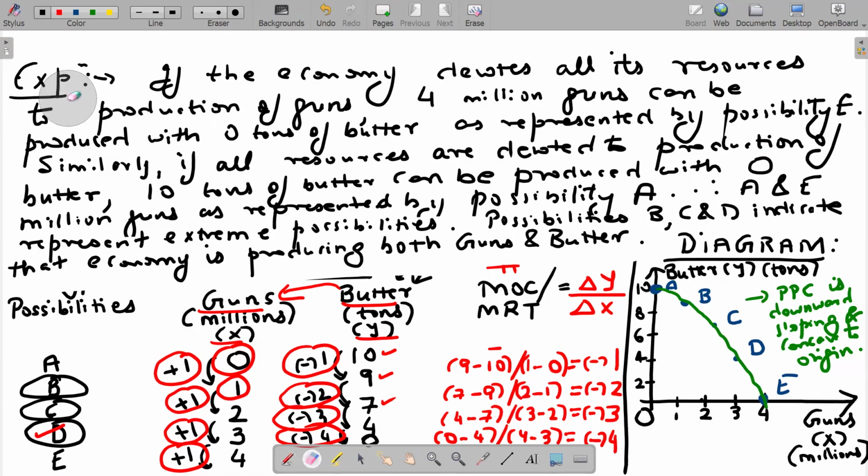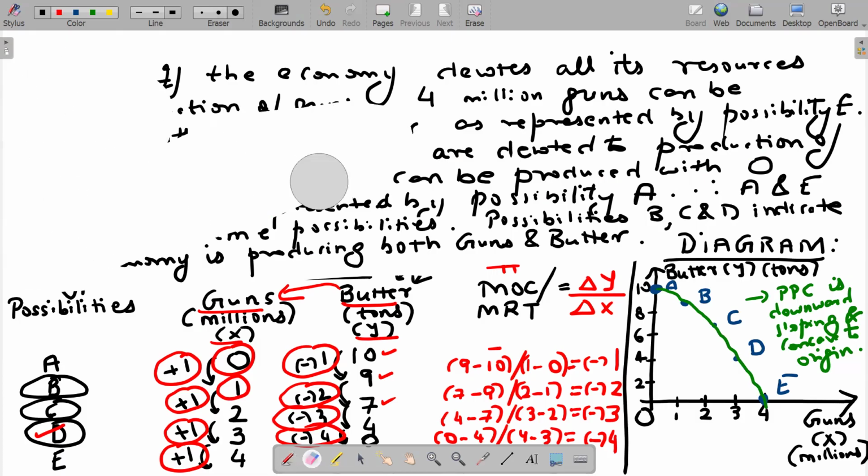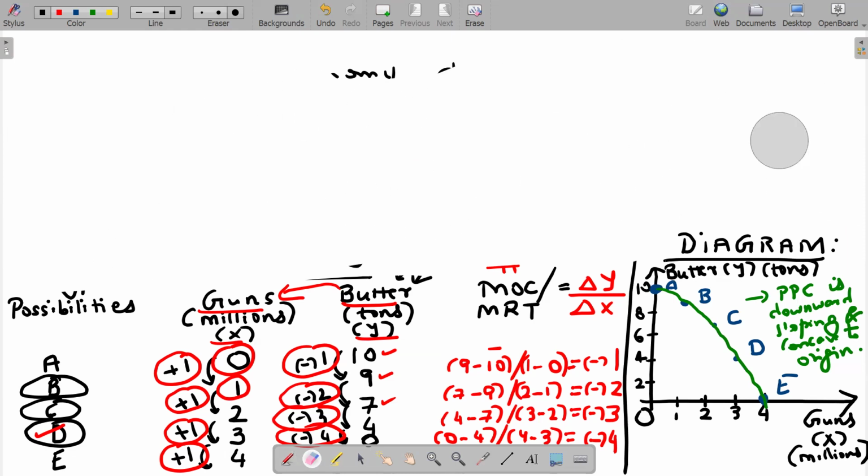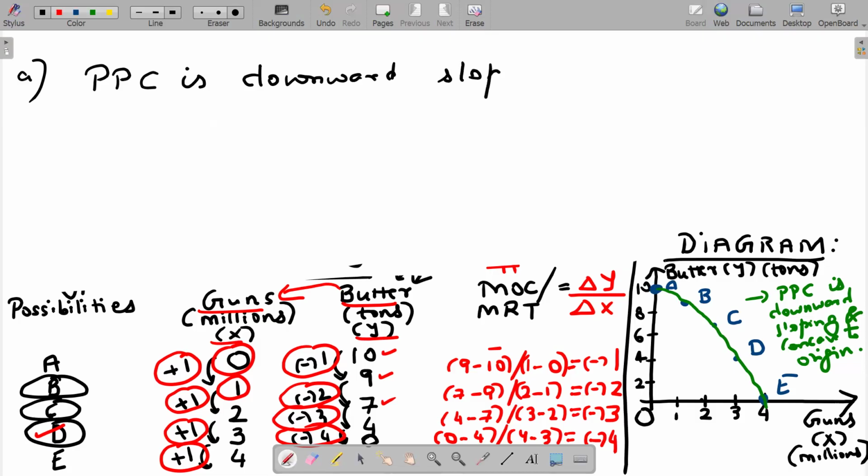So if I erase all this off, I can write point A, that the production possibility curve is downward sloping. Why is it downward sloping?